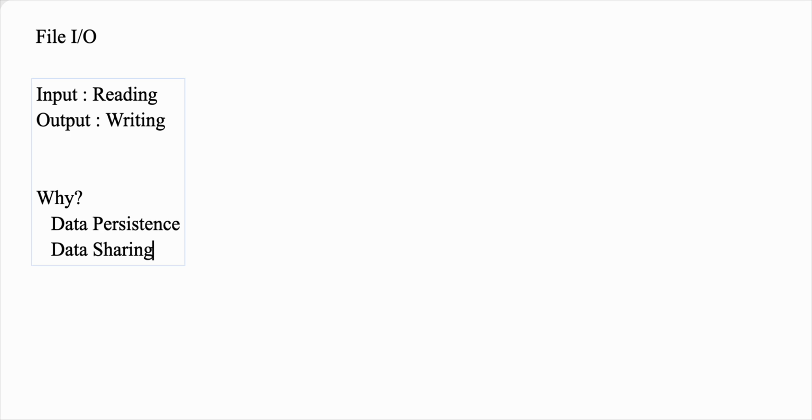For instance, one program can generate a report as a file, and another program can read it. For example, exporting data as a CSV file for Excel, or a JSON file for an API.